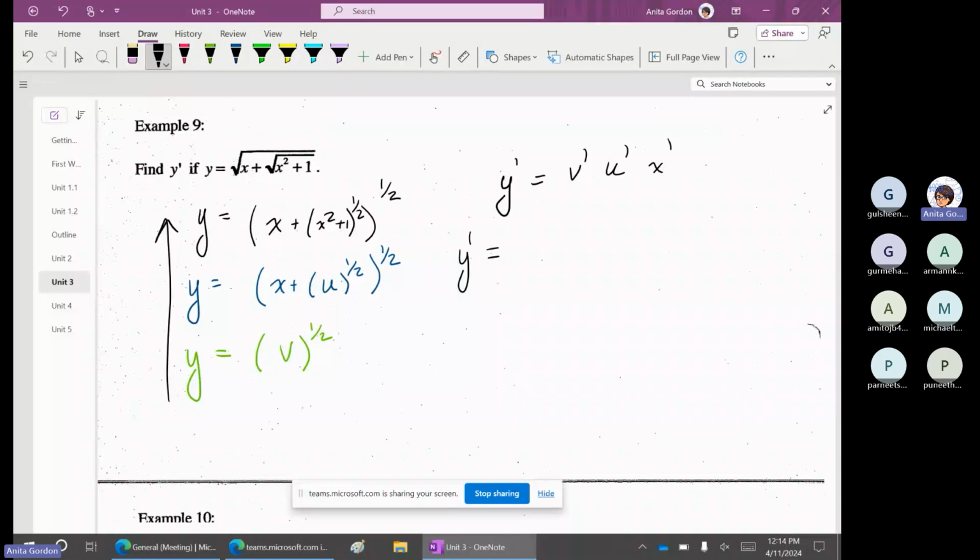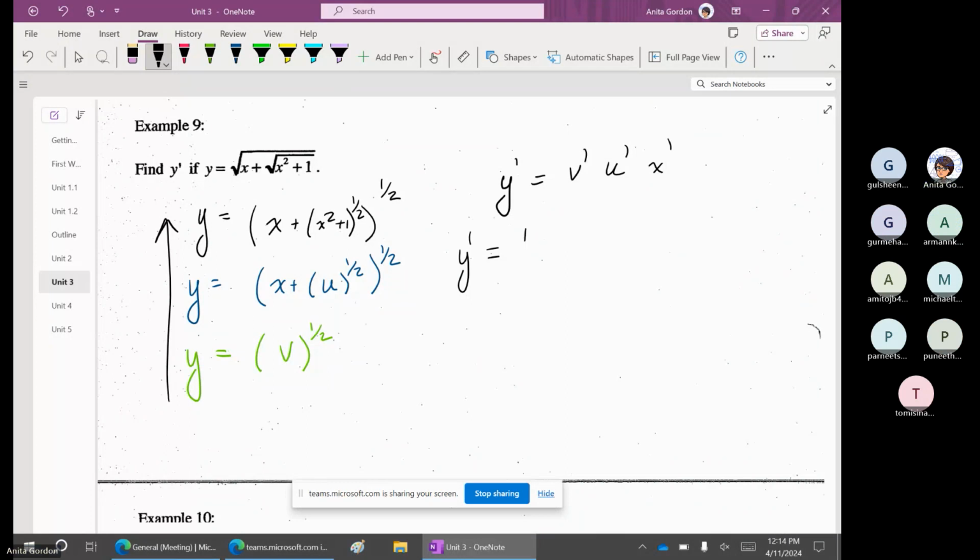What's my first derivative? 1 over 2 v to the power negative 1/2. Okay, so that's the first one done. Multiplied by the derivative of this part.